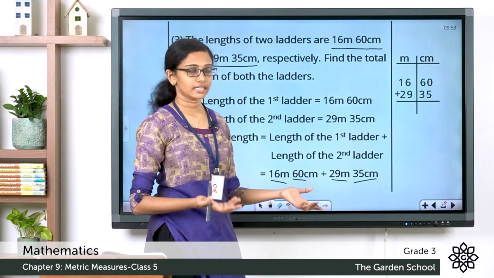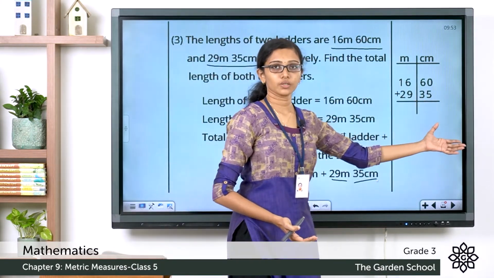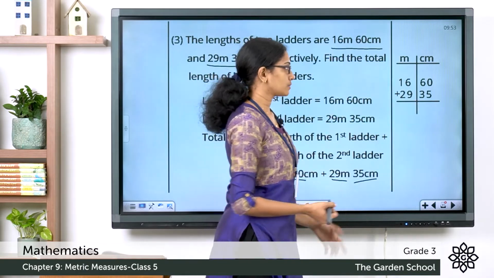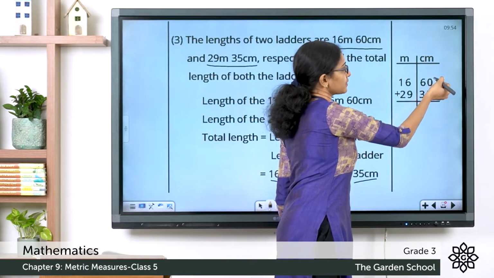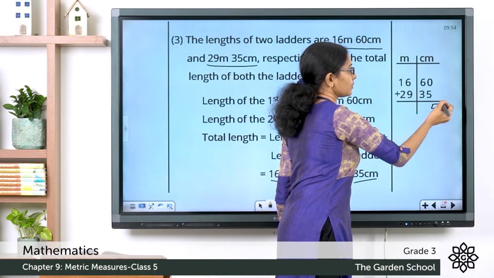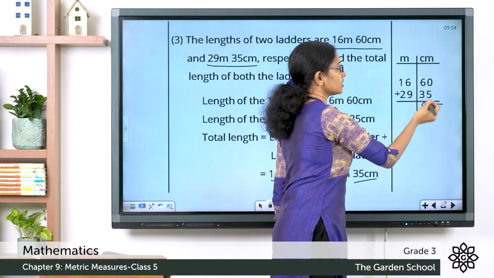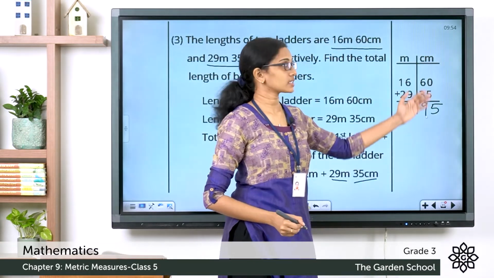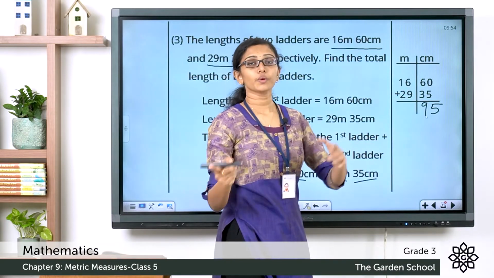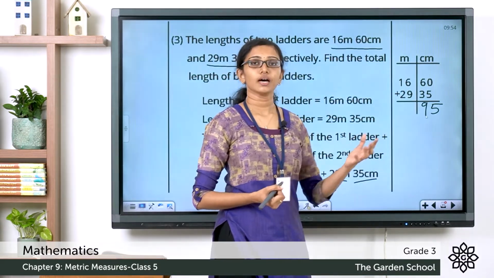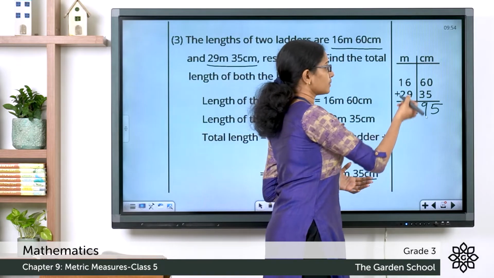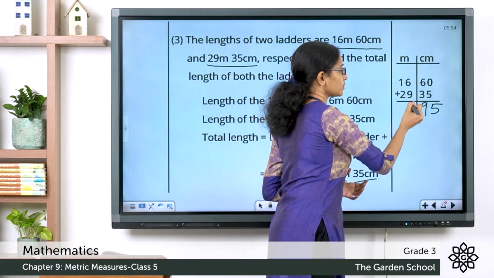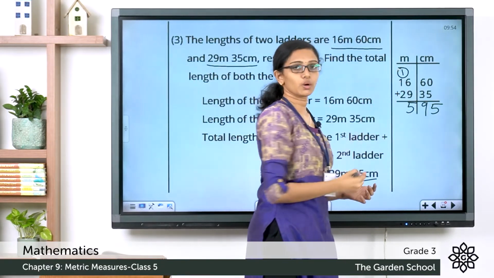Now let's do the addition starting from the smaller units. So starting from the centimeter columns, we have 0 plus 5, 5, 6 plus 3, 9. So we have 95 centimeters in the centimeter column. Now moving on to the higher units, which is the meter column. So in the meter column, we have 6 plus 9, which is equal to 15, and we have a carryover 1.